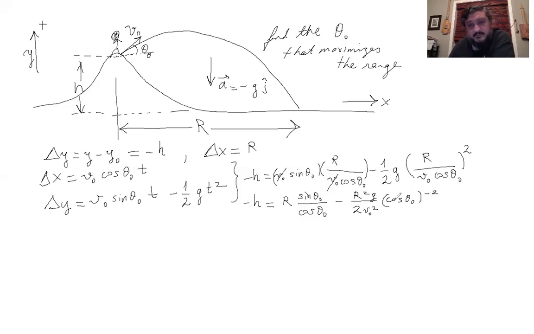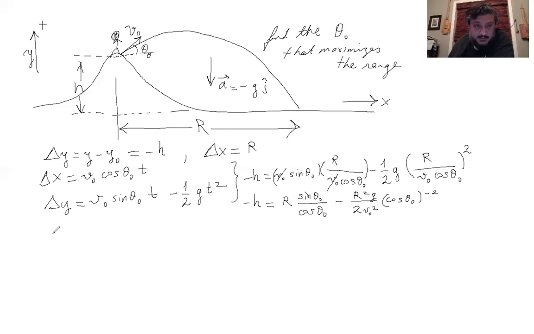All right, okay. Now what to do with it? Our goal was to find the maximum R. Okay, so I'm not going to try to solve for R, but I know R depends on theta naught. And I want to find the theta naught that maximizes R, right? So what do I do? I use calculus.